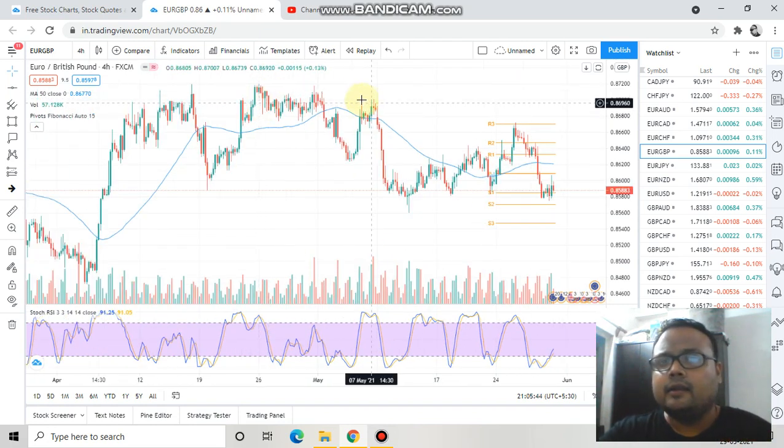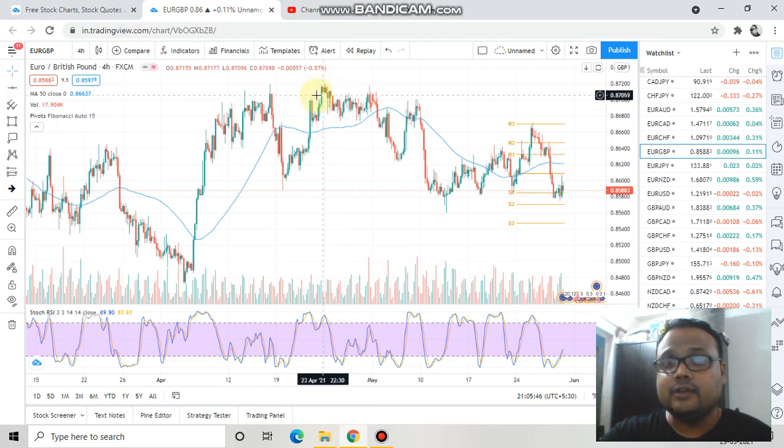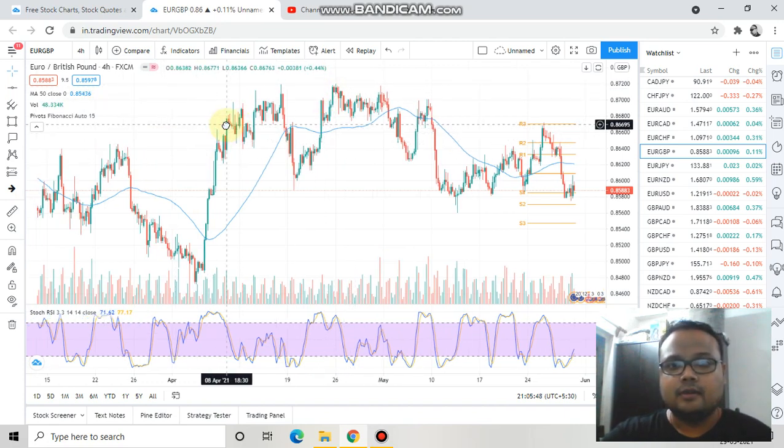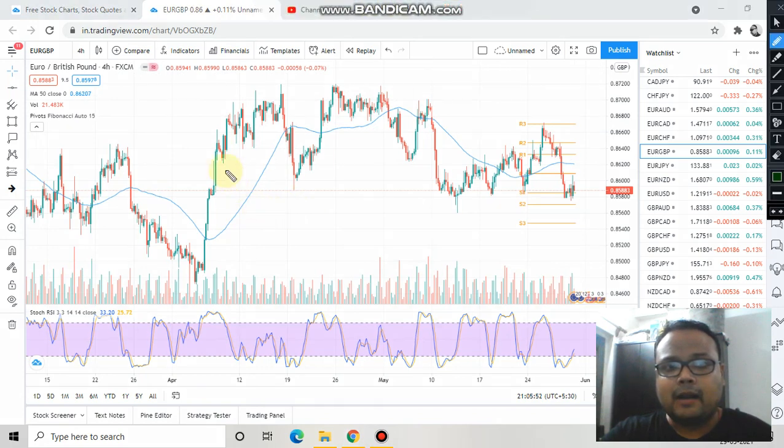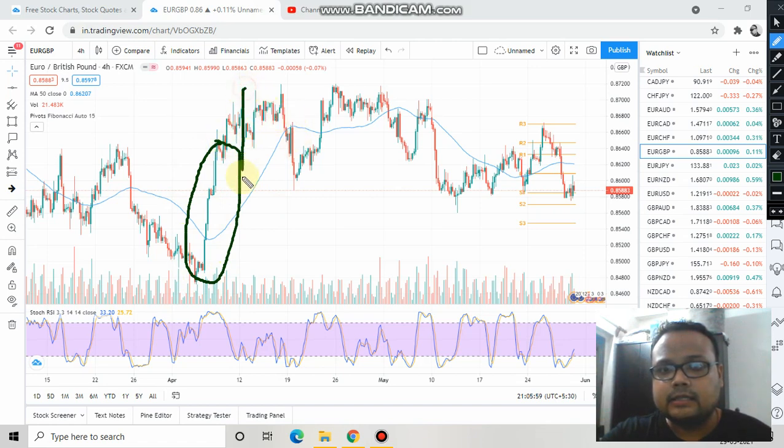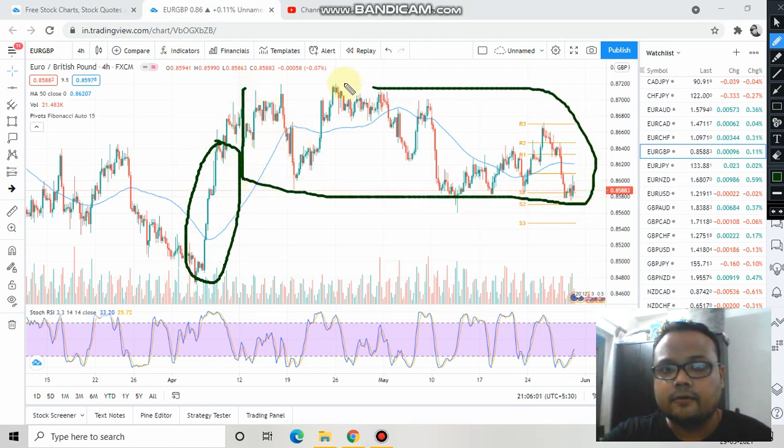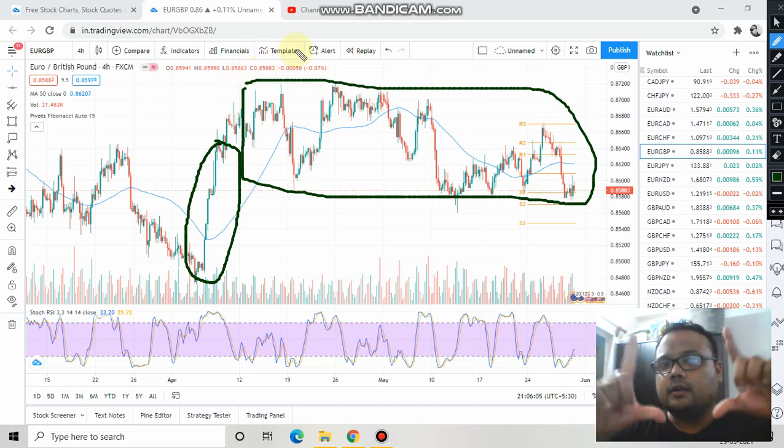If I zoom out the chart again, you can see that the market made a big move, and after that, the market is in sideways. Right now the market is caught in a range, there is no doubt about it.